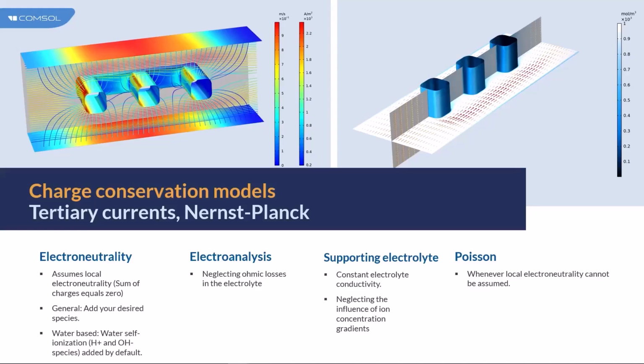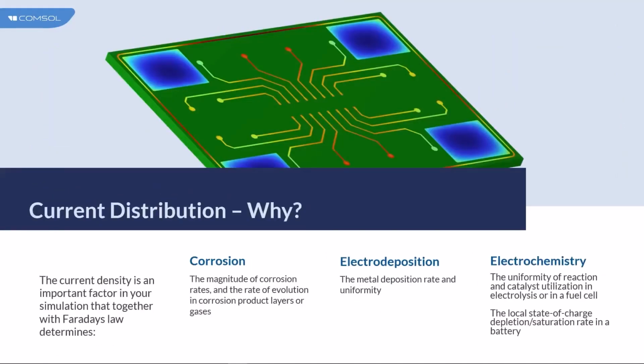The current density is an important factor in our simulation that, together with Faraday's law, determines for corrosion the magnitude of the corrosion rates and the rate of evolution in corrosion products, layers or gases. In electrodeposition, you typically look at the current density to determine the metal deposition rate and uniformity of deposition.